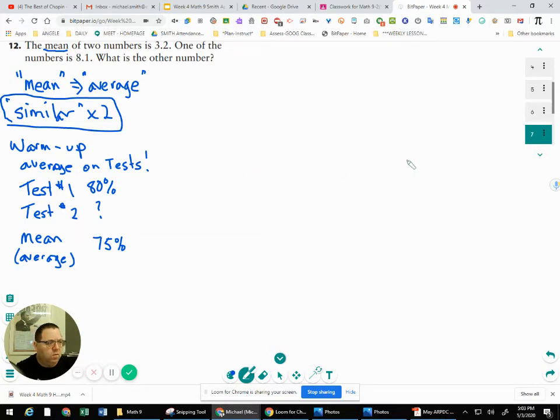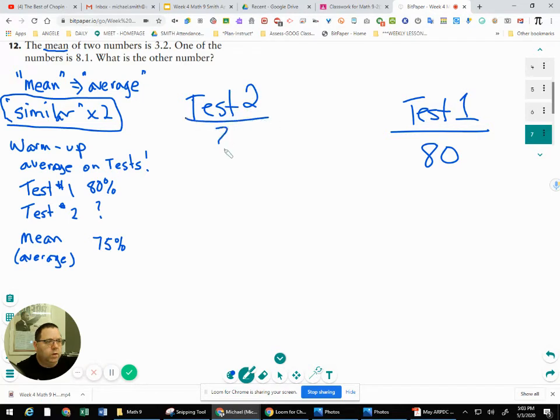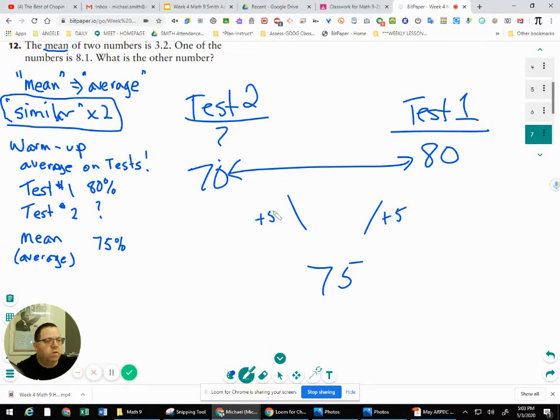If test number 1, you got 80, and test number 2, well, we don't know, but the average is 75. Well, this is 5 away from 80, and this is 5 away from 70. So the test number 2 must be a 70.